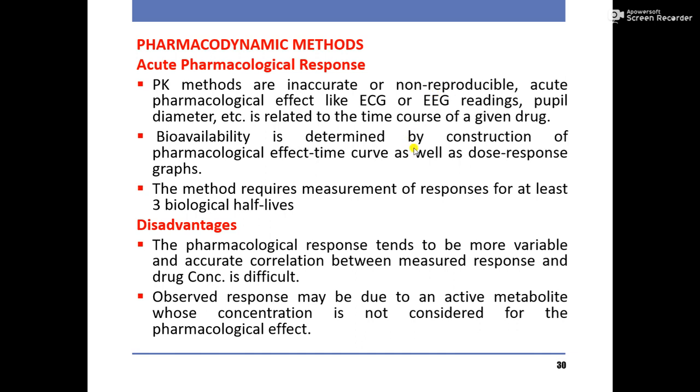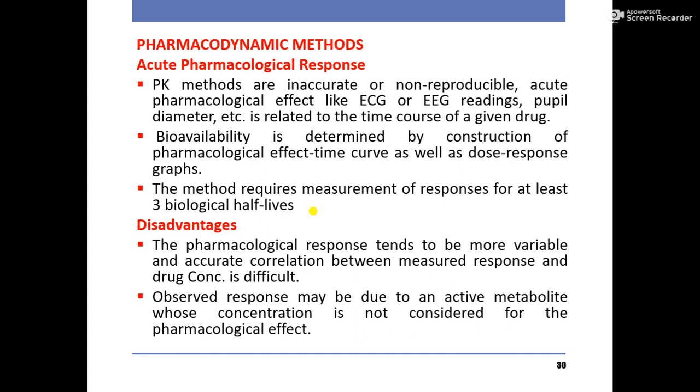Bioavailability is also determined by the construction of the pharmacological effect time curve as well as dose dependent graphs. The method requires measurement of response for at least 3 biological half-lives.